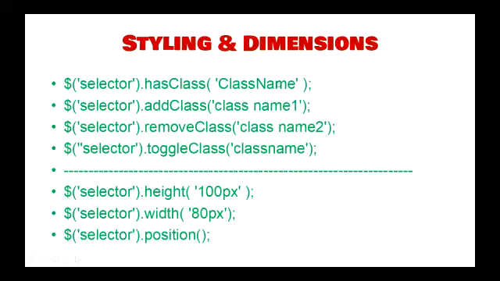If the class is present on the selector, it is going to show true, it is already in the selector. And if the class is not in the selector, then it's going to show false. It gives the Boolean value.